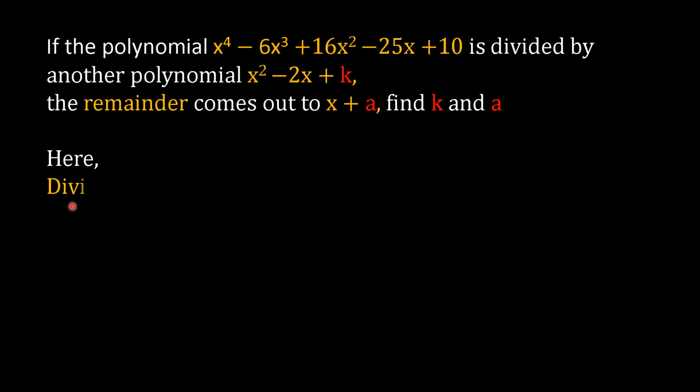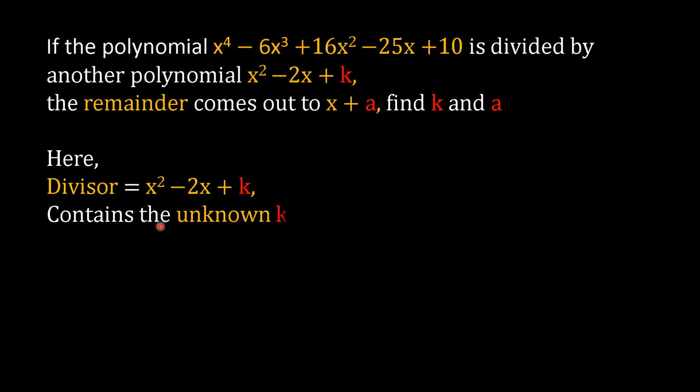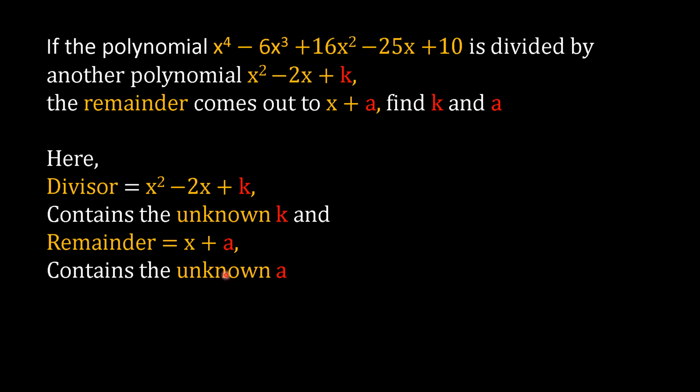In this problem, the divisor is x squared minus 2x plus k, which contains the unknown k, and the remainder, which is x plus a, which contains the unknown a.